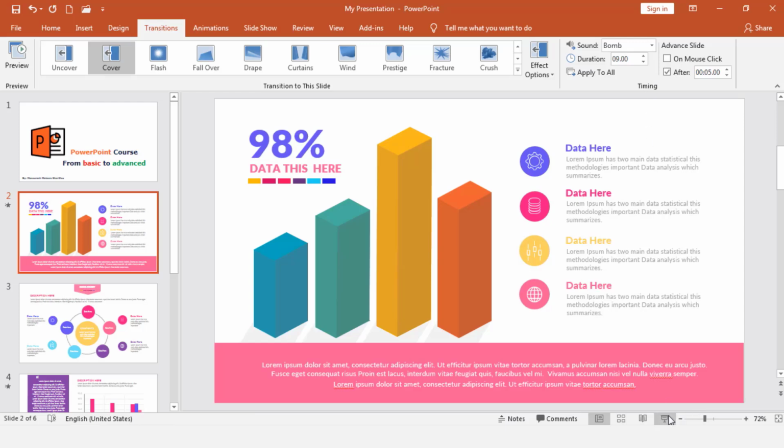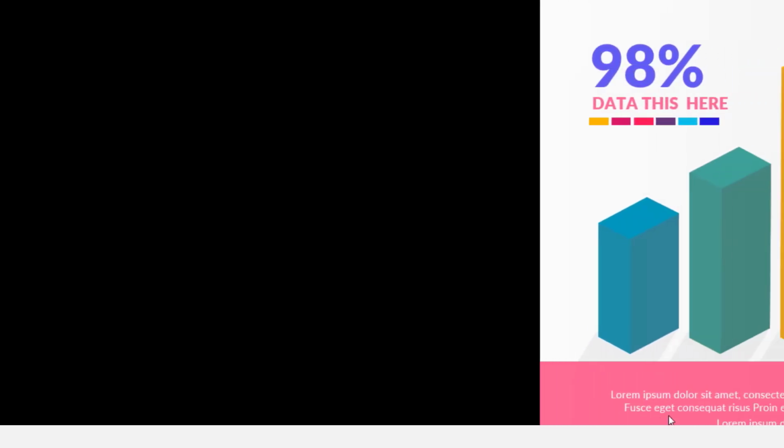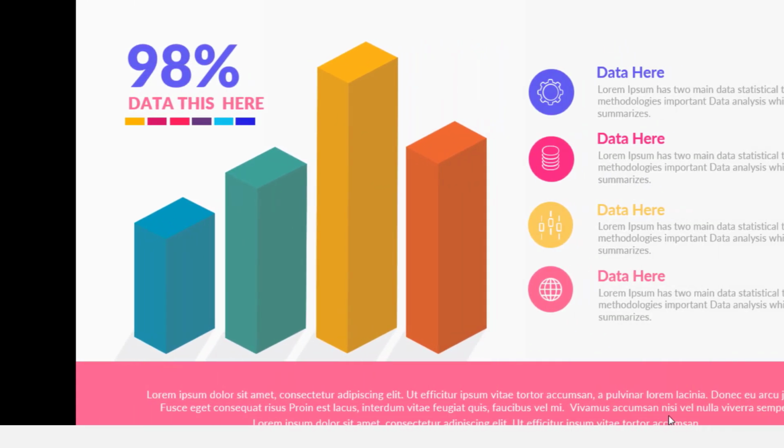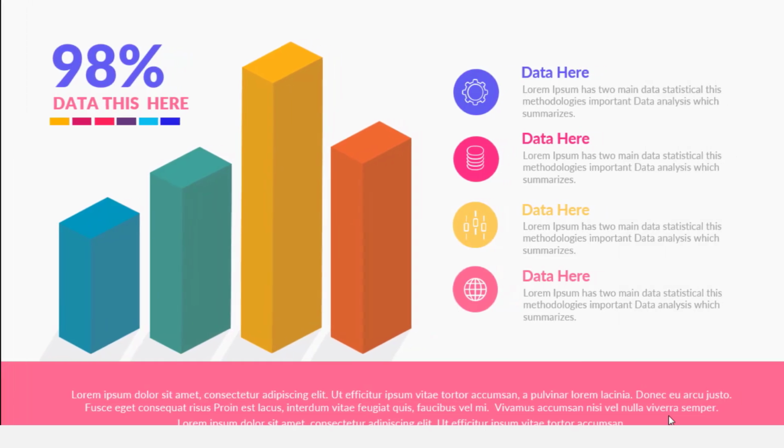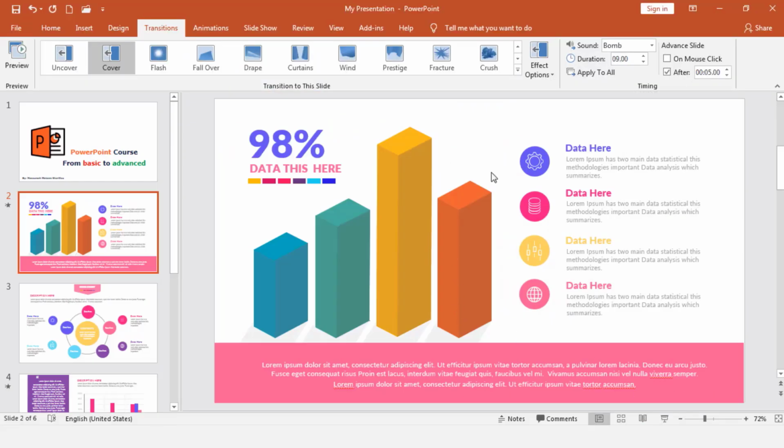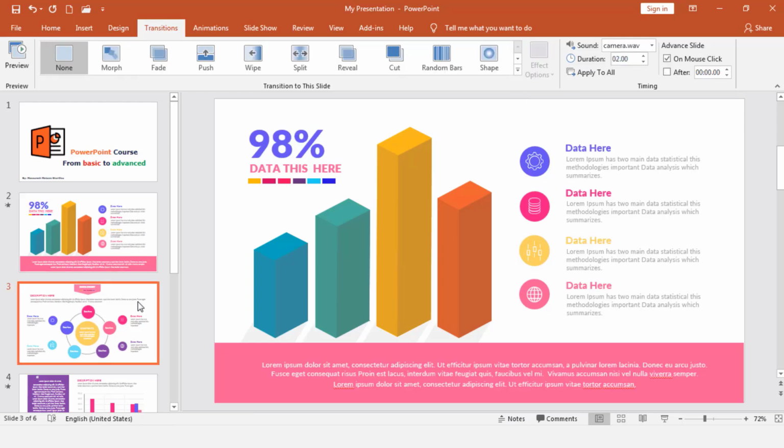It can be done in the duration. The transition from one slide to the next can be very slow, and it totally depends on your setting in the duration section.